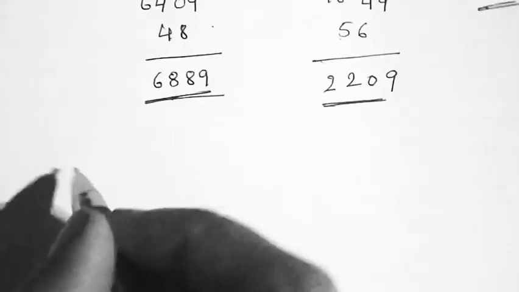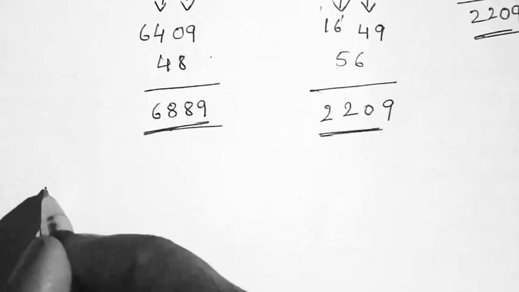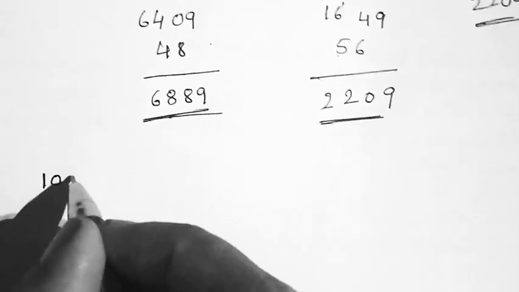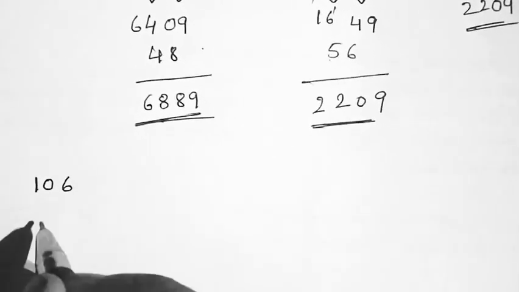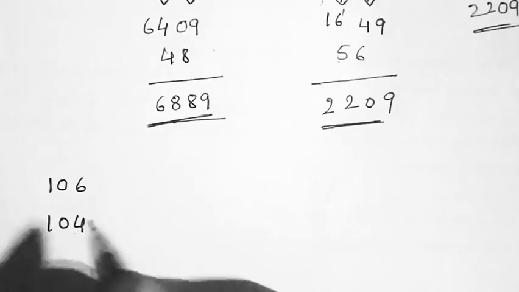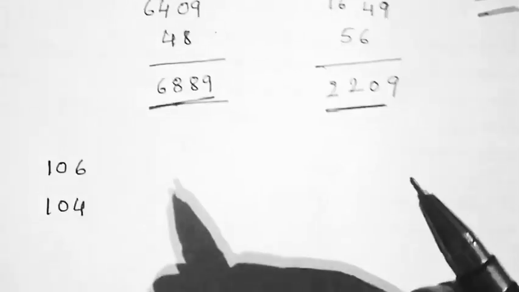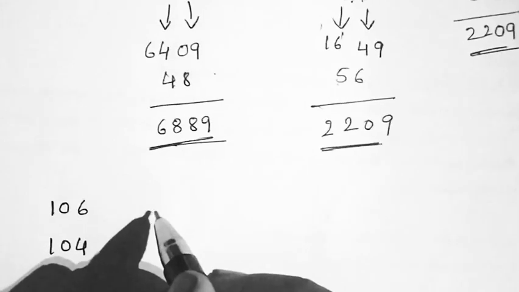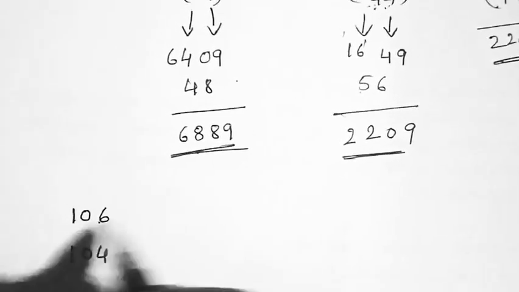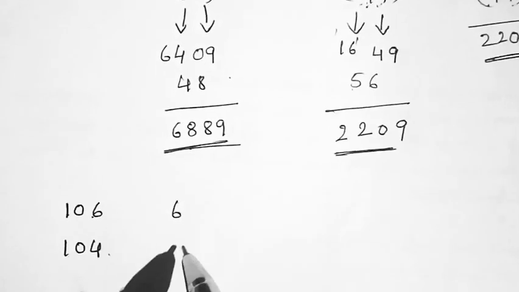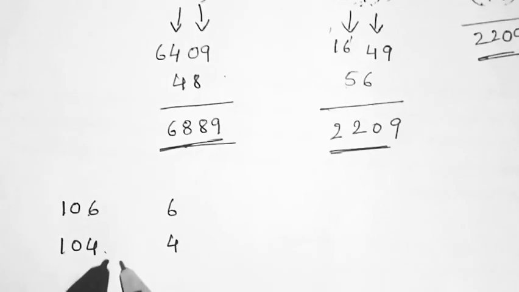Now one more trick about the numbers nearby 100. If the numbers are like 106 and 104, so they are more than 100. How much more than 100? It is 6 and it is 4.